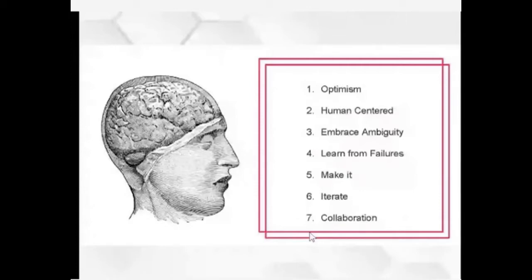We will try to understand the people, try to find their difficulties, and we will obviously find a solution for them. That is optimistic. And when you are optimistic, you have to have human-centered thinking and decision making.